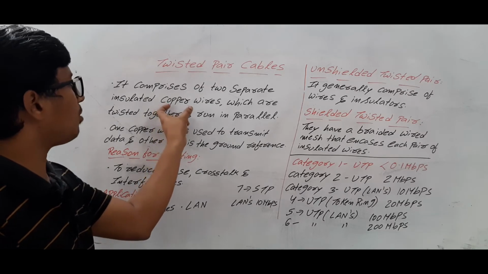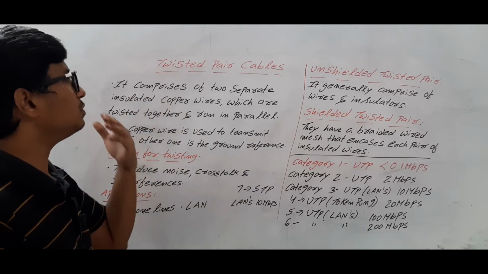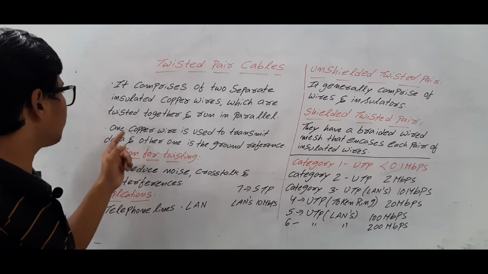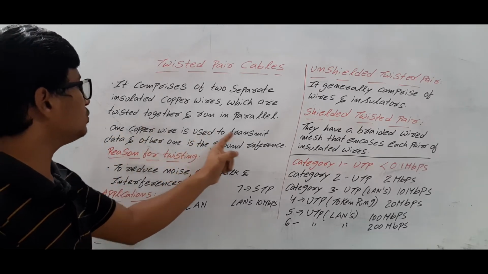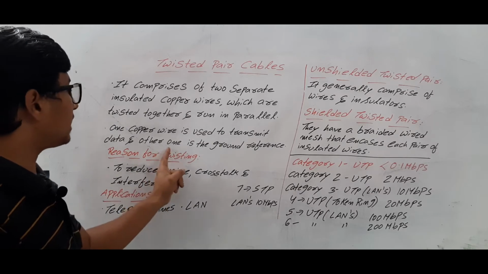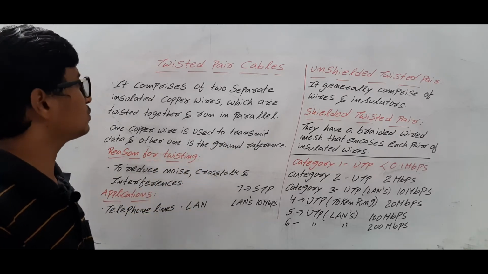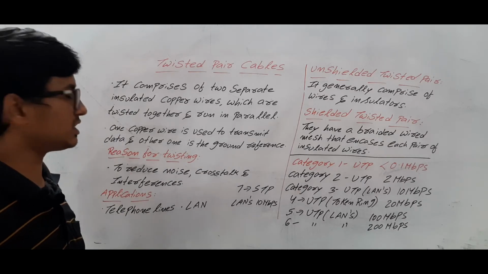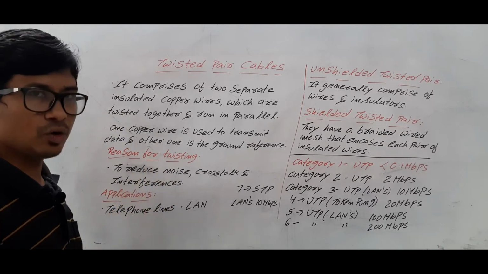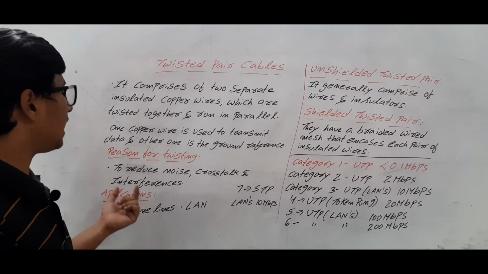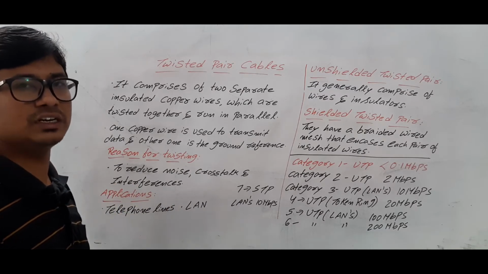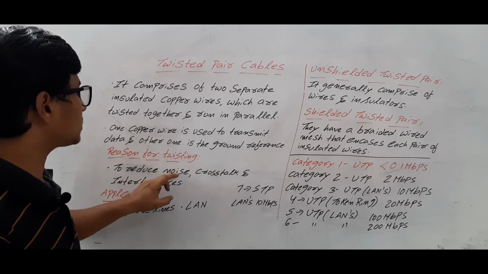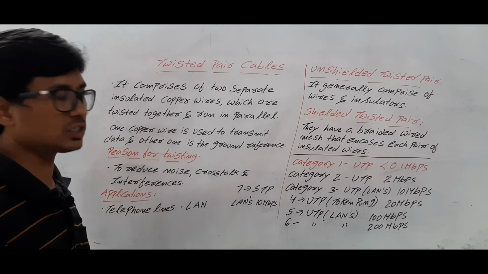One copper wire is used to transmit the data and the other one is for ground reference. Why are they twisted? To reduce noise, crosstalk, and also outside interference, to eliminate them. Especially the twisting is used to reduce the noise and crosstalk.